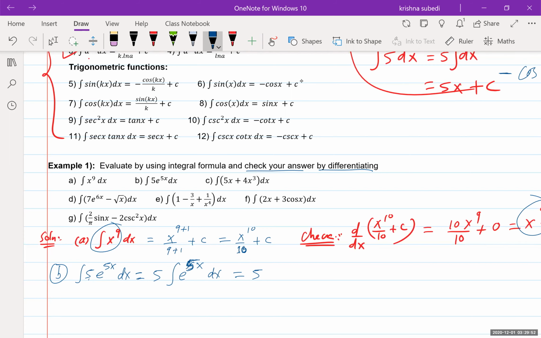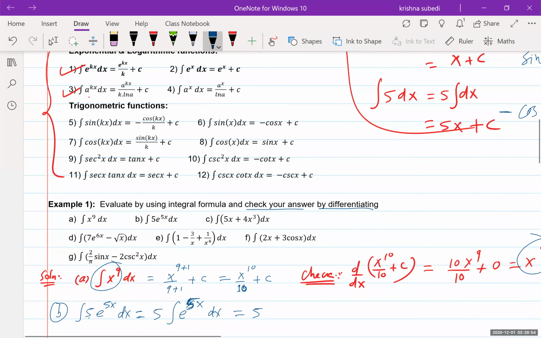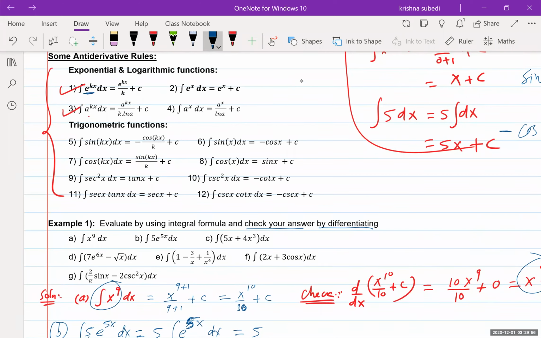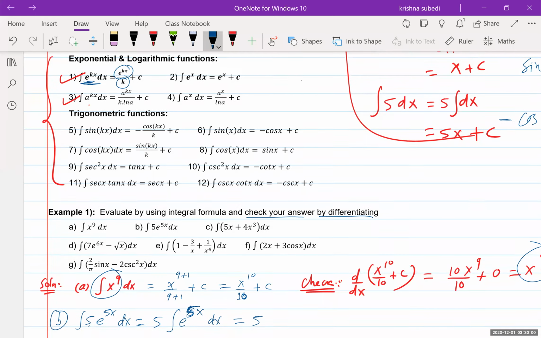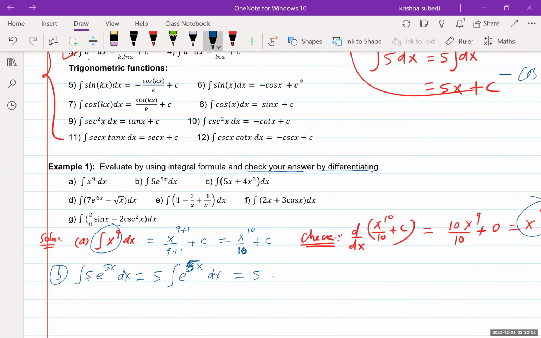Let us look at that formula, e to the power 5x. We have already seen that formula. e to the kx is e to the kx over k. So that's going to be 5e to the 5x over 5 plus c. So this 5 cancels out. So you're going to get e to the 5x plus c.